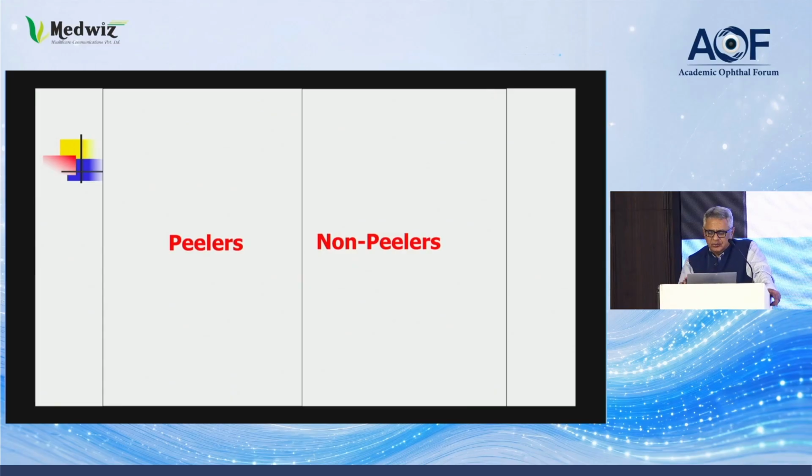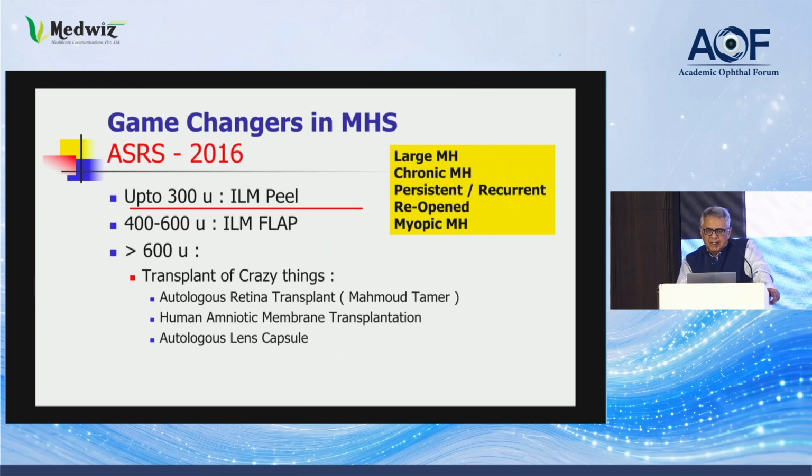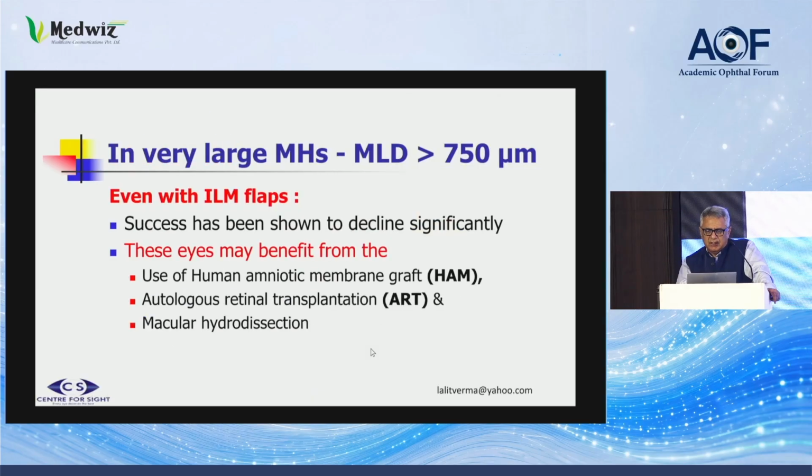Non-peelers do all kinds of crazy stuff like nasal flap and temporal flap, or sometimes even amniotic membrane also. So if you have a large macular hole, chronic, persistent, recurrent, reopened or myopic macular hole, these are the situations where a routine ILM peel may not work, and you may have to resort to things like a flap or autologous retinal transplant or even human amniotic membrane transplant also.